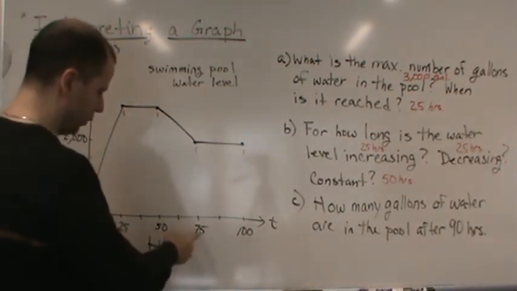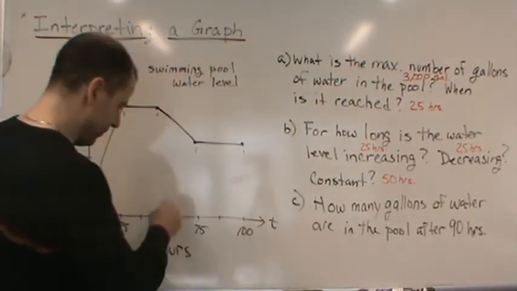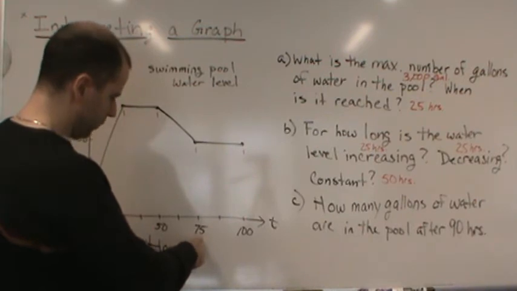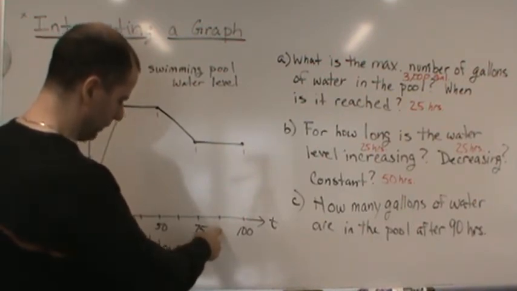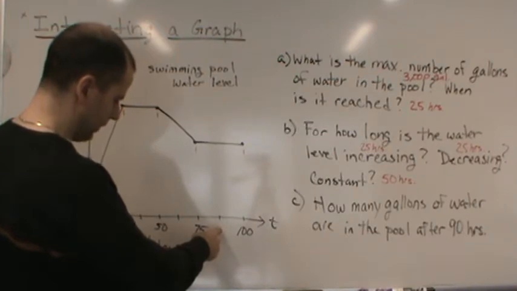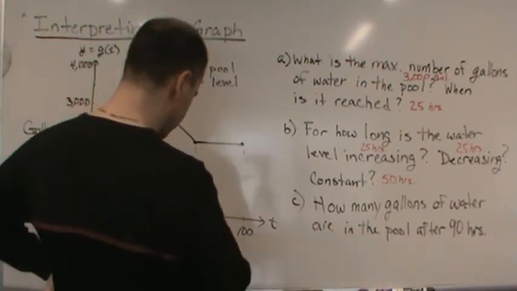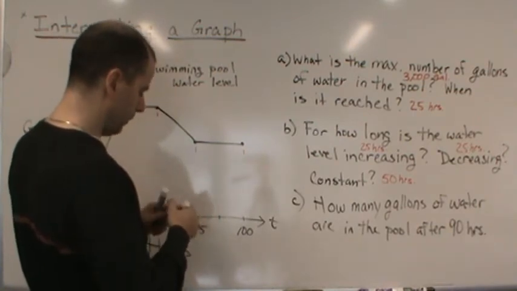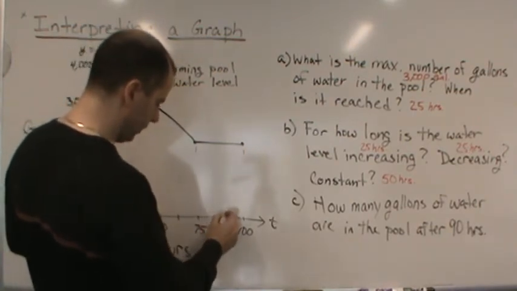If we add 12 and a half, we're going to get right about 87 and a half. So we're going to be in this range here. It doesn't have to be exact, but we're going to be somewhere over here for 90.